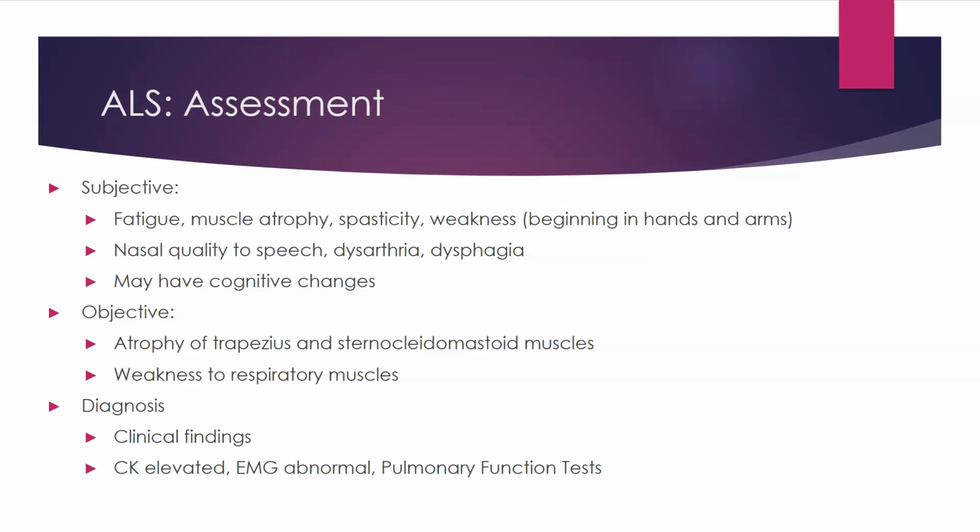Clinical findings, of course, will help with the diagnosis. Other diagnostics you might see: CK might be elevated, your EMG might be abnormal, and your PFTs, your pulmonary function tests, might be abnormal as well.